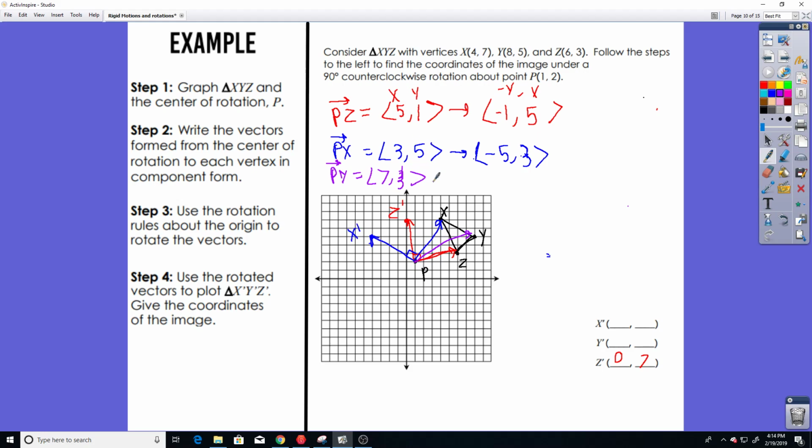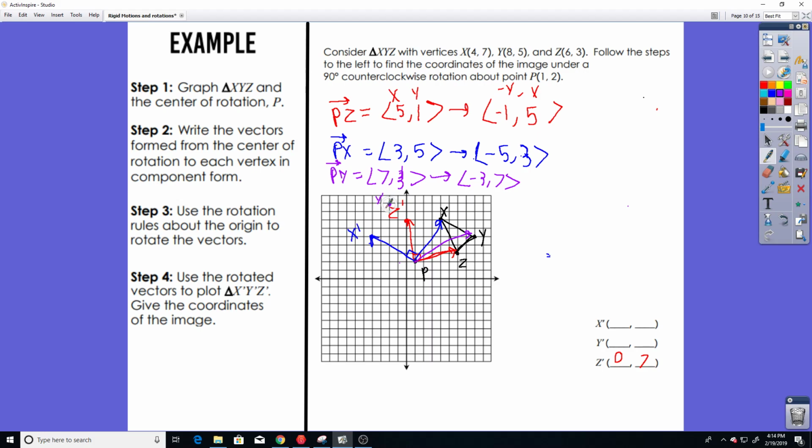All right, the same rule applies. (-3, 7) is our new component. So I'm going to go to the left 3, and up 7. And that's my new Y.